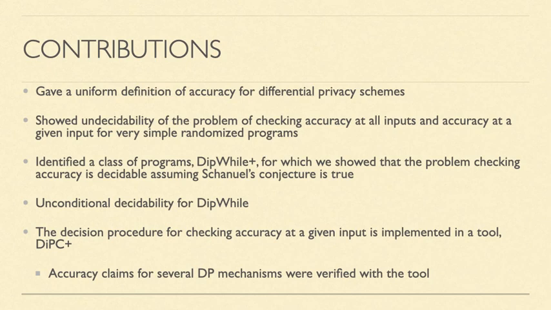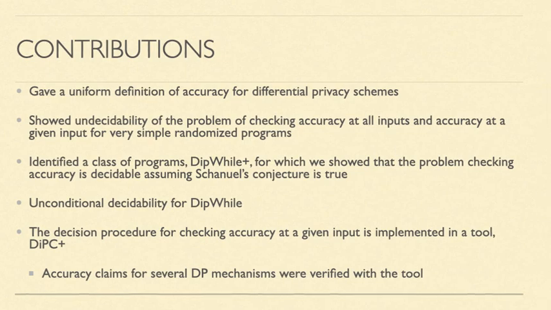We have implemented our decision procedure for checking accuracy at a given input in a tool, DIPSI Plus, and we have verified accuracy claims for several differential privacy mechanisms with this tool.